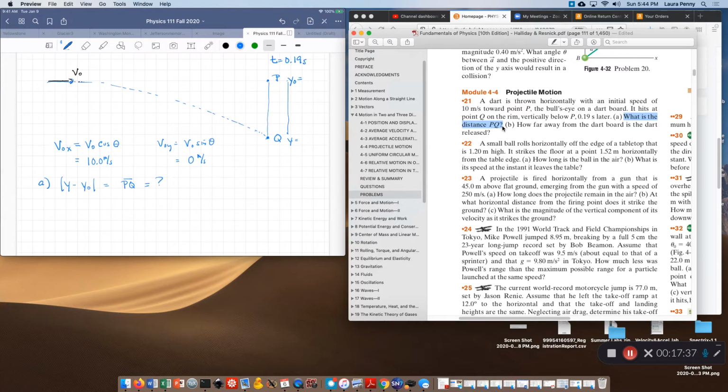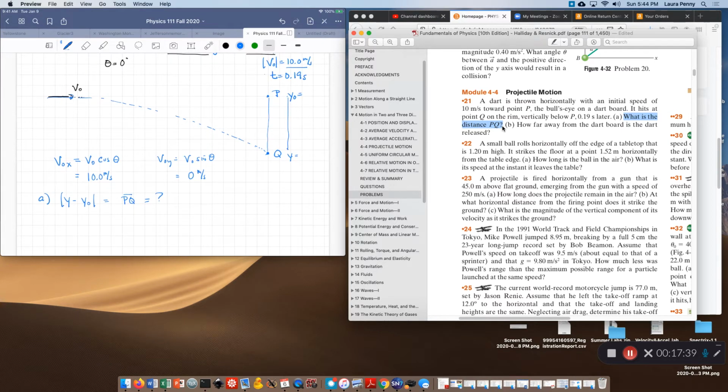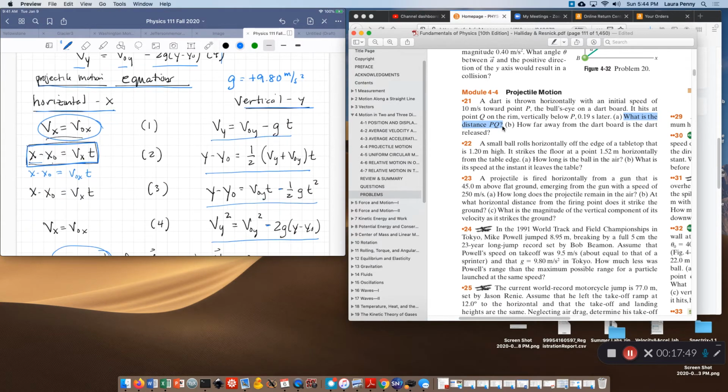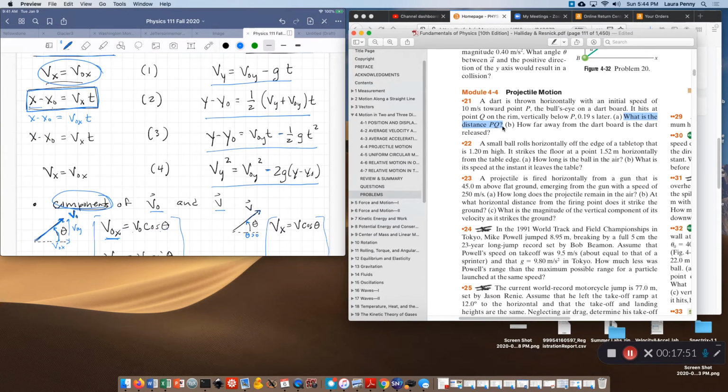So I can sit there and think, okay, I know time, I know V naught y, I want to know y minus y naught. Do I know stuff that can get me that? And so I'll go back and look at my equations, and this is often the way that it is, but this is a very popular equation. Y minus y naught is what I'm trying to find out. V naught y I know, and time I know.